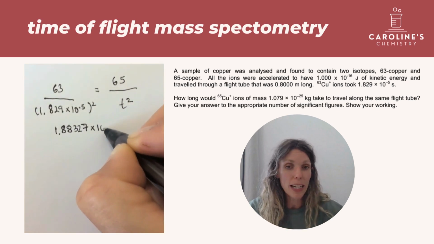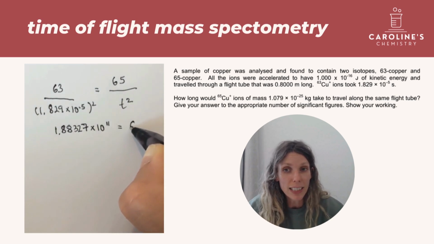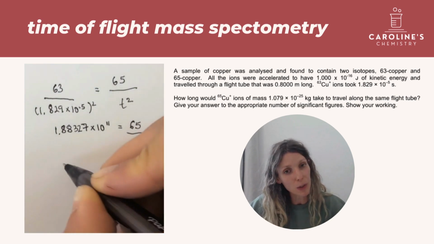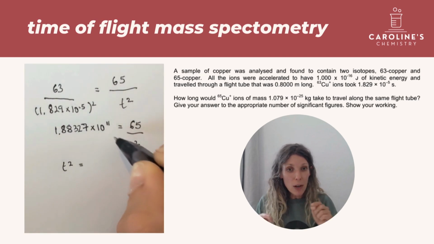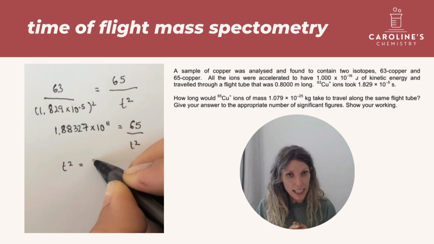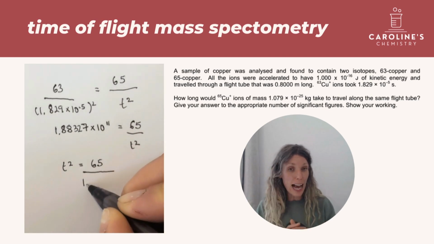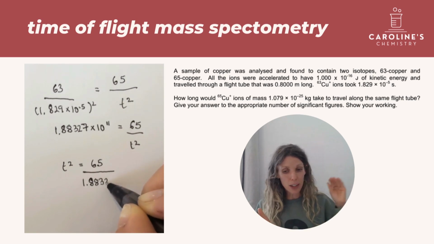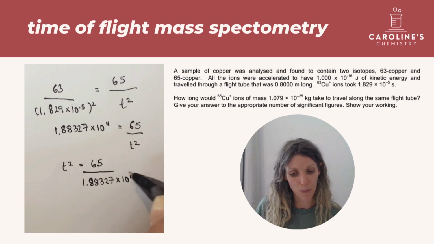Once we've done that, we can now just start to pop this into the calculator. So do the 63 over the 1.829 times 10 to the minus 5 squared. Then we're going to rearrange. So in order to find that equation, so it is t equals, you're going to swap them diagonally so that t squared is equal to the 65 divided by the answer the calculator came out with.